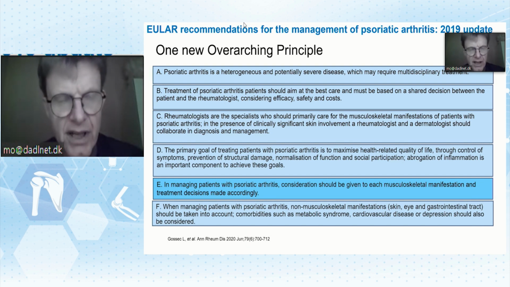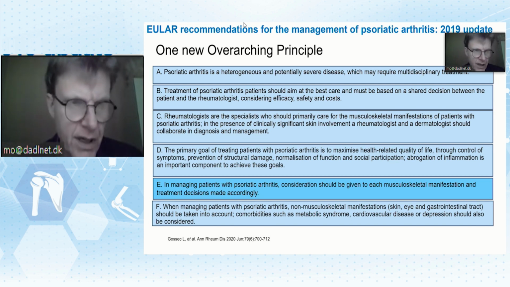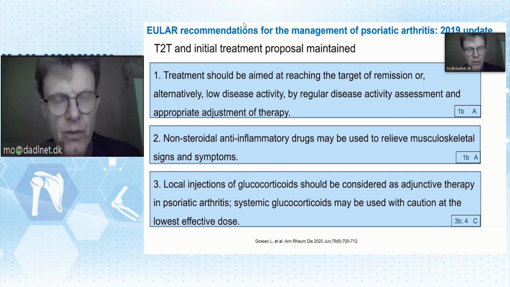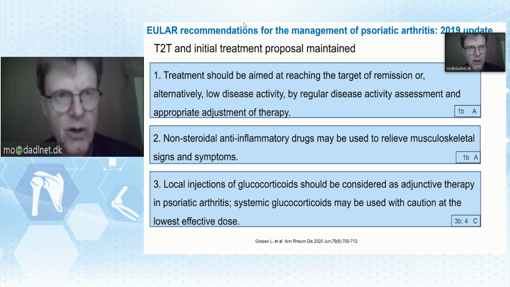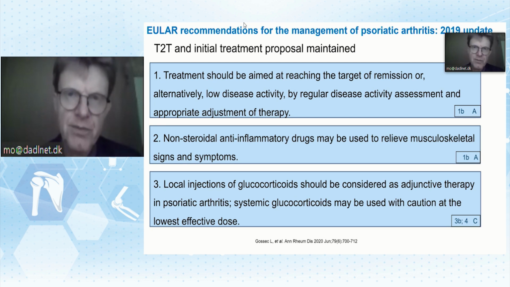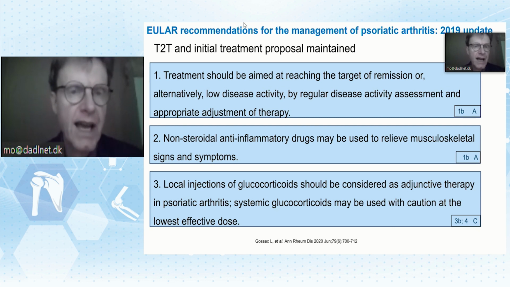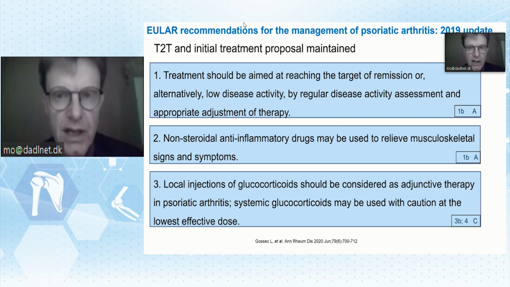So there is a change, you could say, following the line that has been set out by Graham, and I think that's a good thing. But overall, the principles of how we should treat are not different. We should try to reach a target of remission, or alternatively, if not possible, low disease activity by regular assessment clinically, and thereby also based on that do appropriate adjustment of therapy.